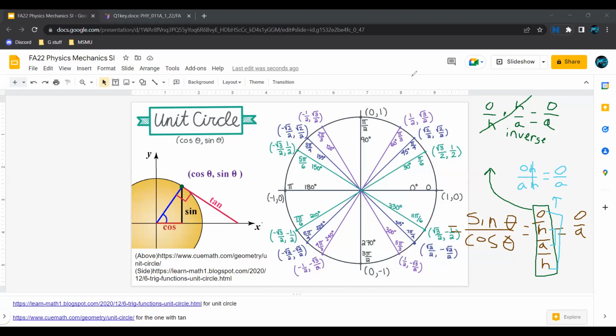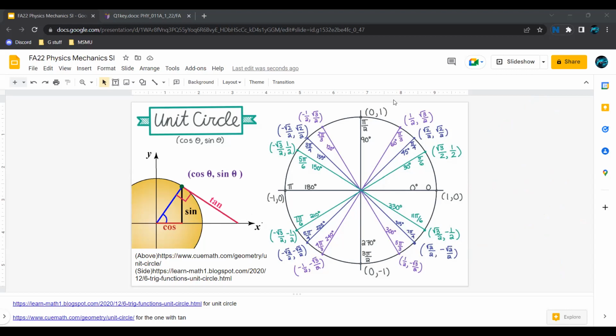Little reasoning like that helps. I know someone memorized all the 60, 45, 30 degree values. Those could help, but you'll always have your calculator, so you'll be fine. Again, tangent is sine over cosine, and this is a visual representation of that. I'm going to clear my drawings.